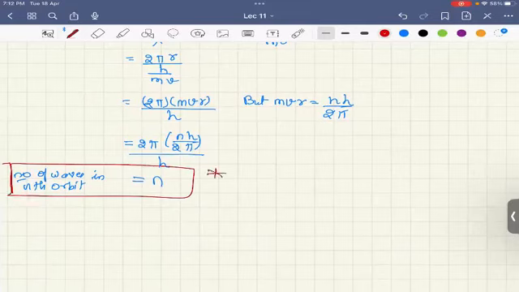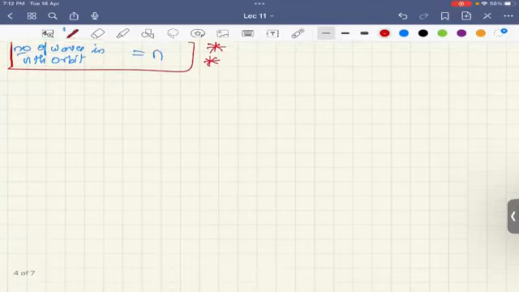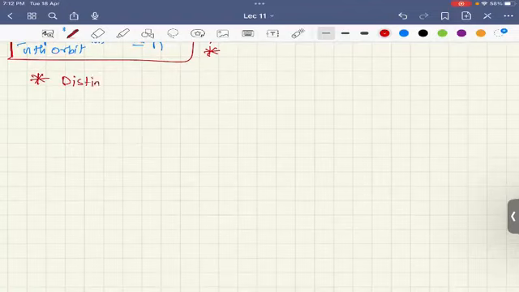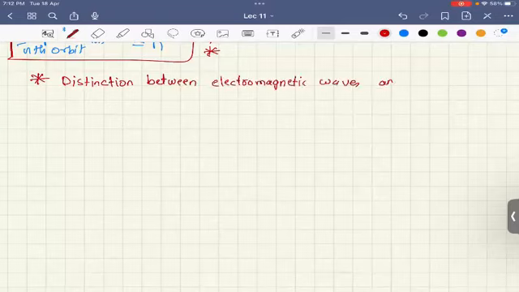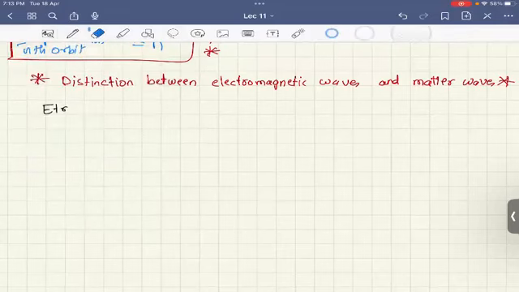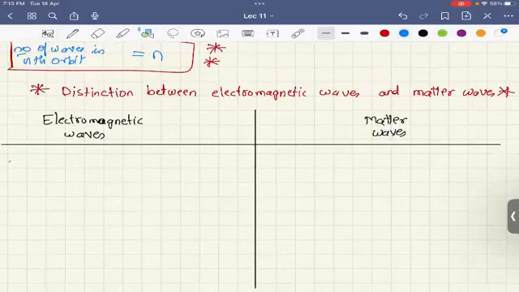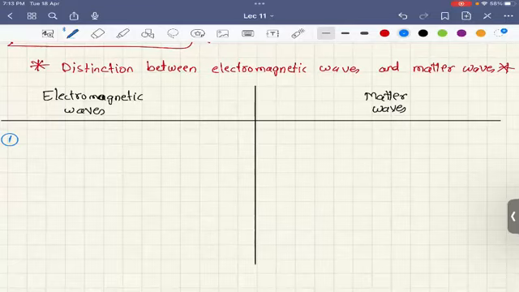This is very important, right? So now let us discuss the distinction between electromagnetic waves and matter waves. The first point is that electromagnetic waves are associated with electric and magnetic fields perpendicular to each other and to the direction of propagation of radiation, right?